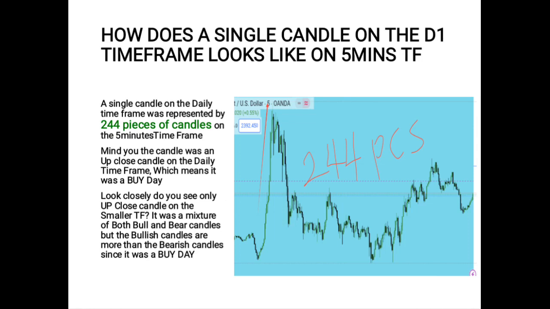To get what I want, I have to come nearer. That's why I used the one for the 19th. So the point I'm trying to bring out is that I want you to know that on the 5-minute time frame, a daily candle consists of 244 pieces.